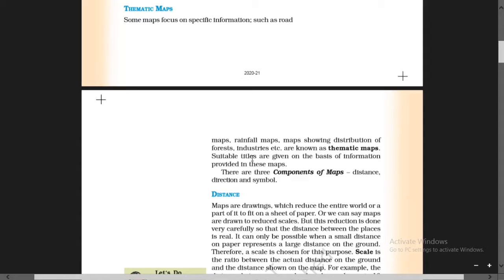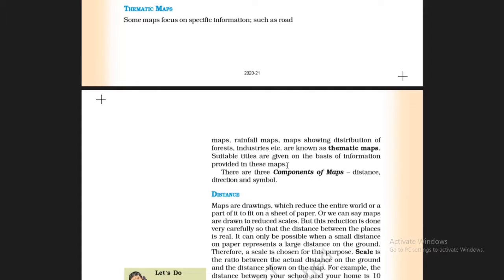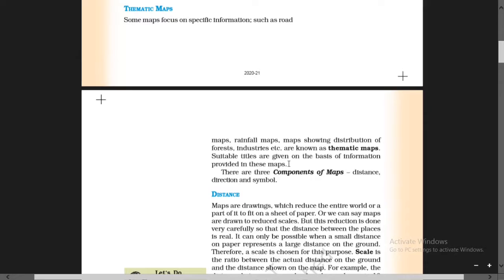Suitable titles are given on the basis of information provided in these maps. Titles are given on the basis of information which is provided in these maps. Rainfall maps or other things like that, okay?